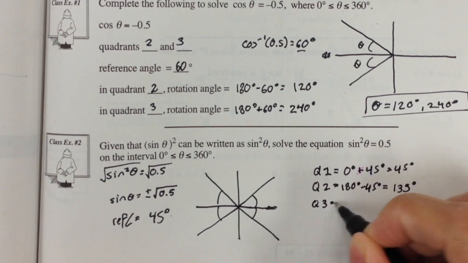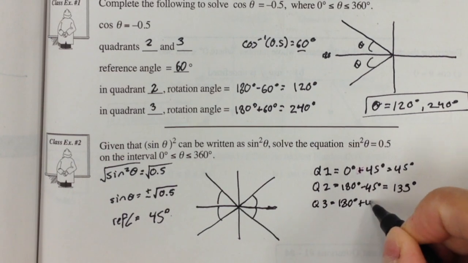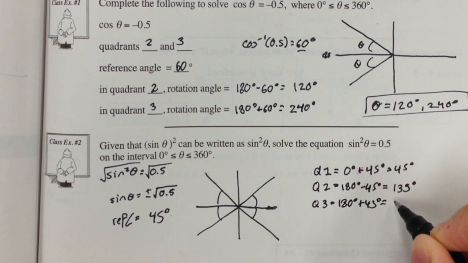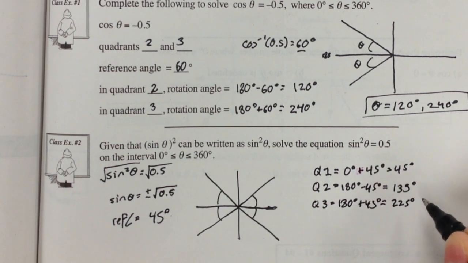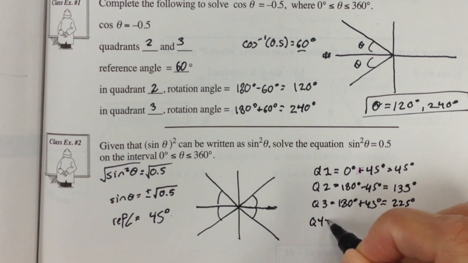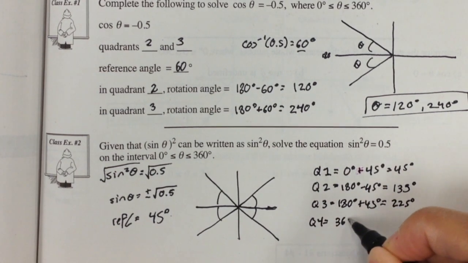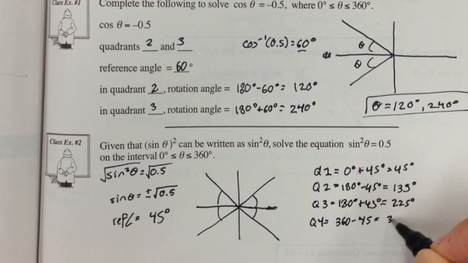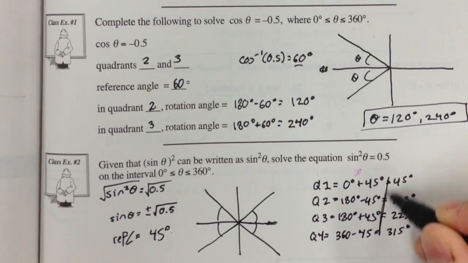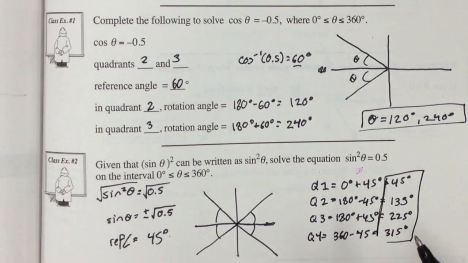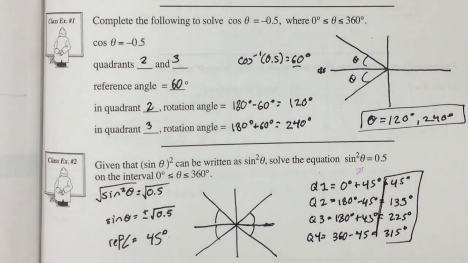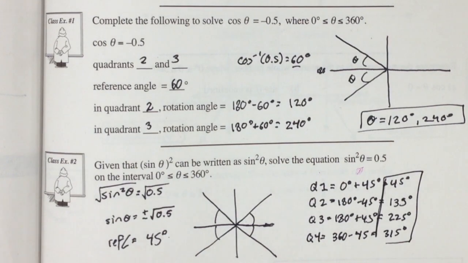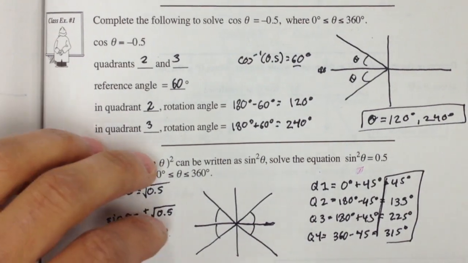In quadrant 3, I have 180 degrees plus 45 degrees, which is 225 degrees. In quadrant 4, I have 360 subtract 45 degrees, which leaves me with 315 degrees. So those are all the angles given that sine square theta is equal to 0.5.